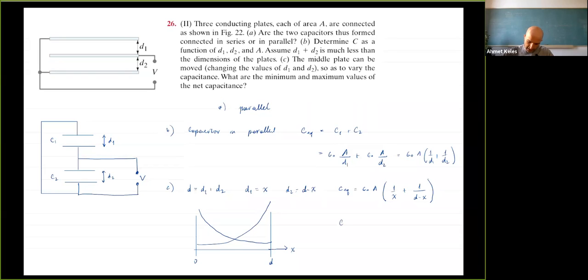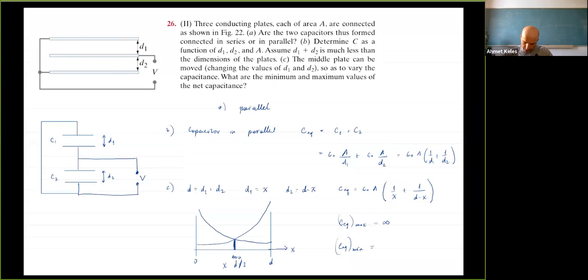Obviously, C equivalent max is infinity because I can take X as small as I want and it's going to blow up. And the minimum should be here because you can tell graphically where it should be. And this seems to be in the middle, D over 2. So if you put that in, C equivalent min is equal to what?